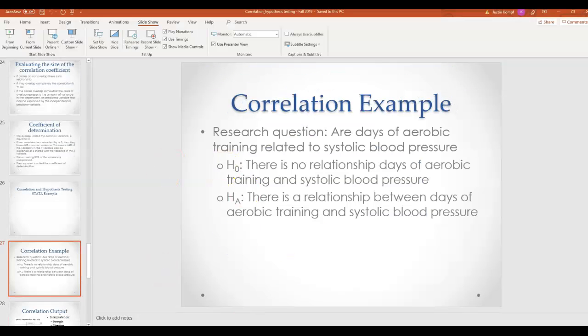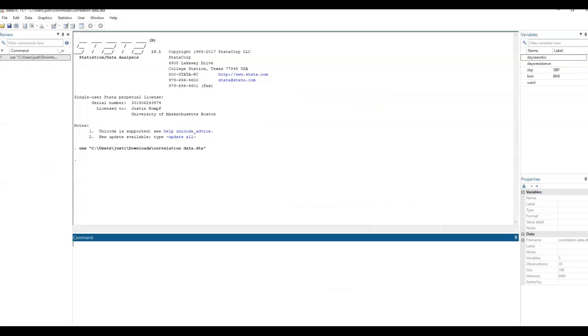So let's go to the data. Right here we have days of aerobic training, days of resistance training, systolic blood pressure, BMI, and then waist. So if we wanted to look at that relationship, we would do our command pwcorr, and then we would do days aerobic, and then we'd want systolic blood pressure, and we want to know if it's significant.